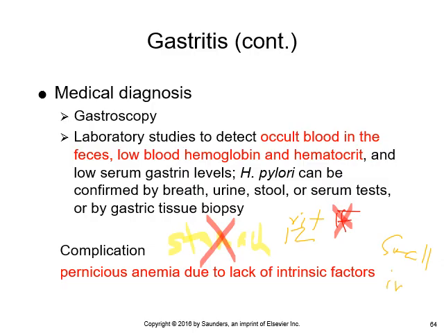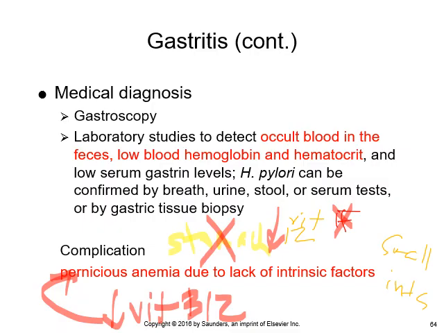When that happens, then obviously the vitamin B12 level will go down, and it's called pernicious anemia.